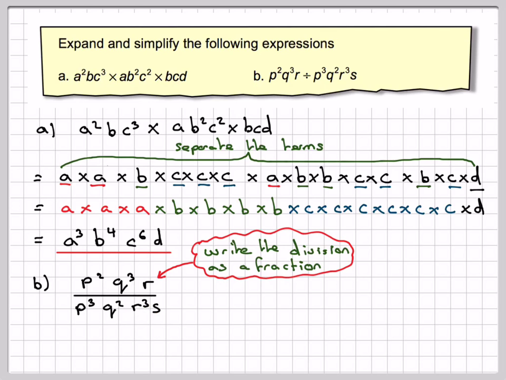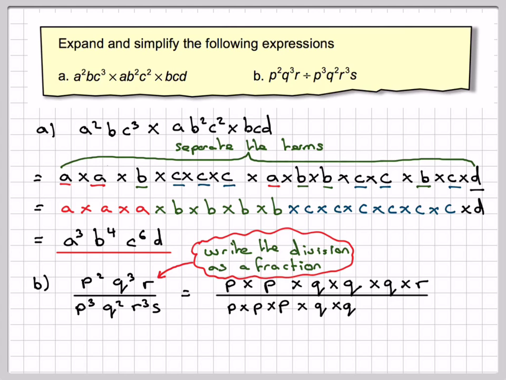Now separate the terms. So you've got p times p, q times q times q times r for the numerator, and for the denominator we've got p times p times p, q times q, r times r times r times s, extending the line a little bit.